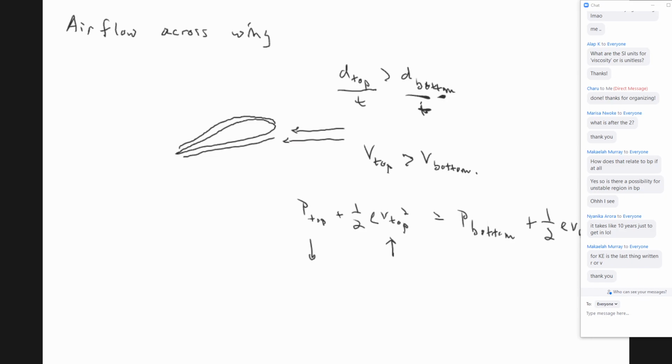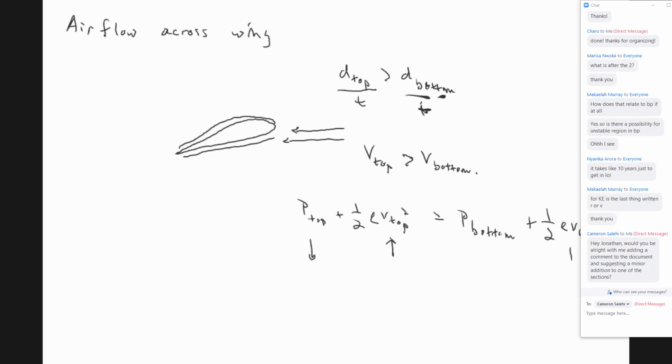And if the molecules at the bottom are moving slower, have less kinetic energy, that means the total energy had to go into the work that's being done by those air molecules as they hit the underside of the wing, right? So increased pressure on the bottom. Pressure on the bottom versus pressure on the top is greater, right? If pressure on the bottom is greater than pressure on the top, there's a pressure difference, and that creates a force. And that force is what we call lift force, to lift the airplane wing up.